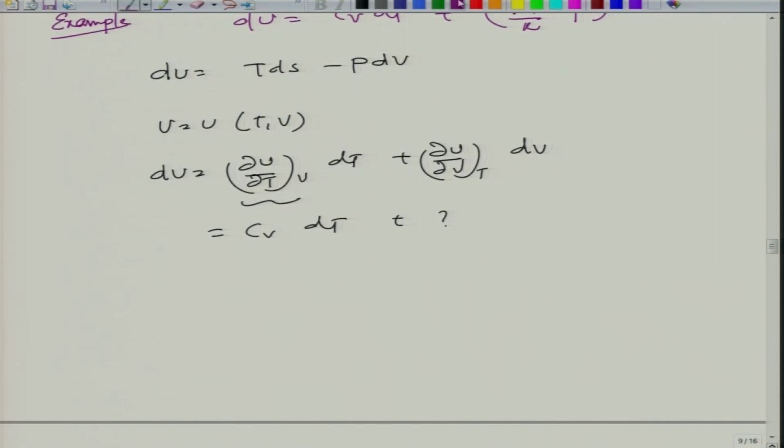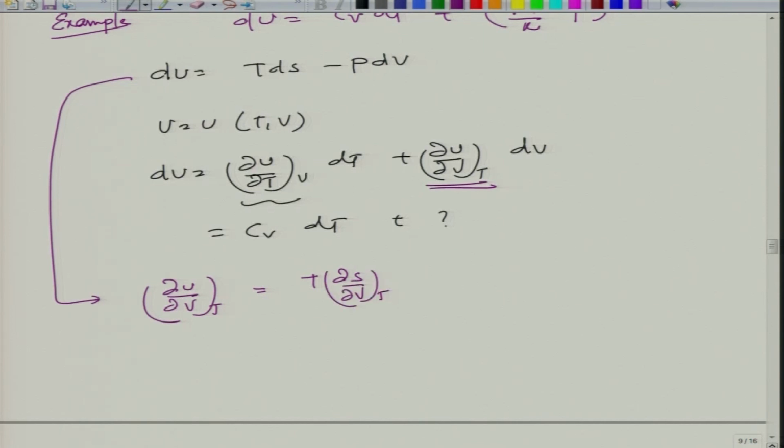Now we have to go back to the earlier expression, because we want to find (∂U/∂V), and hence we differentiate with respect to V at constant T. That is the left hand side. Because it is constant T, we have T (∂S/∂V) minus P (∂V/∂V) at constant T, and of course ∂V/∂V is 1.